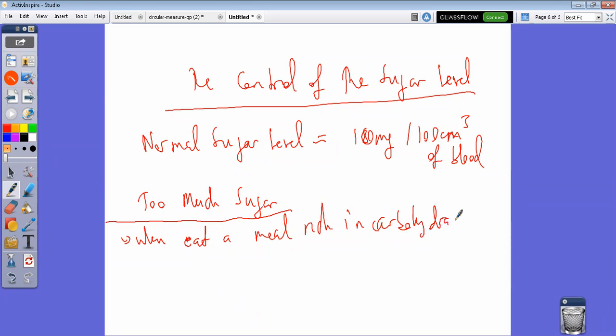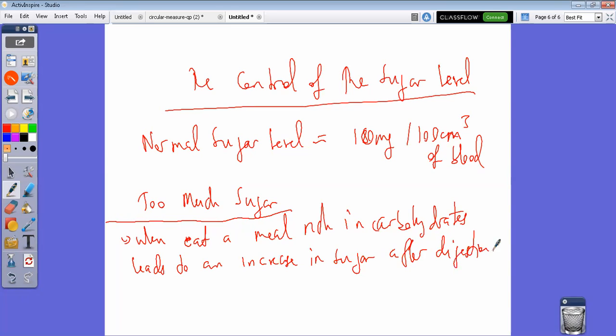So the first thing, now let's look at the negative mechanism. That will lead to an increase in sugar level after digestion. Clear? Increase in sugar level. So the body has to detect that.